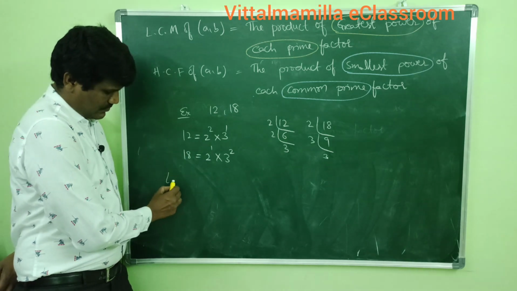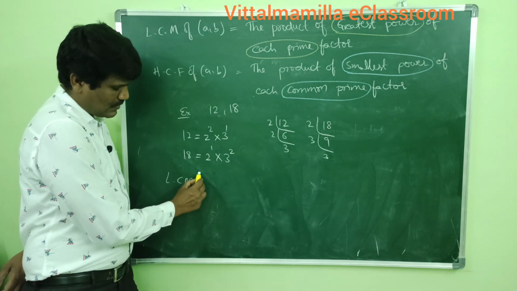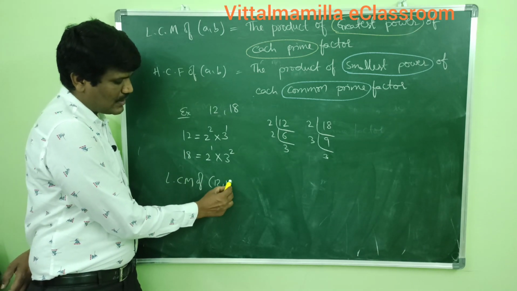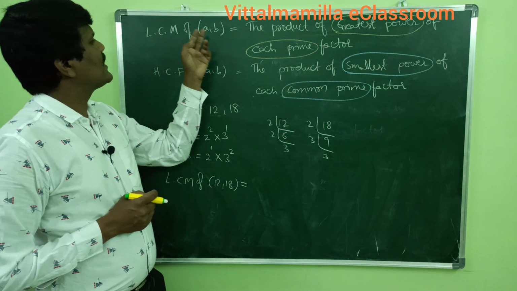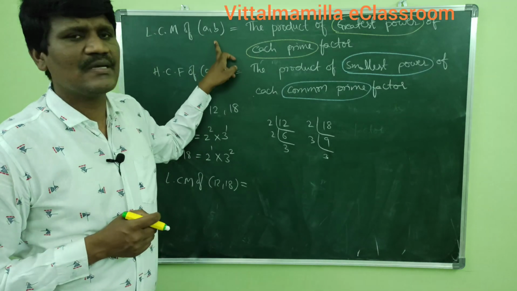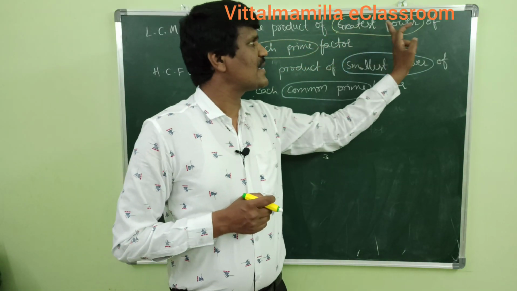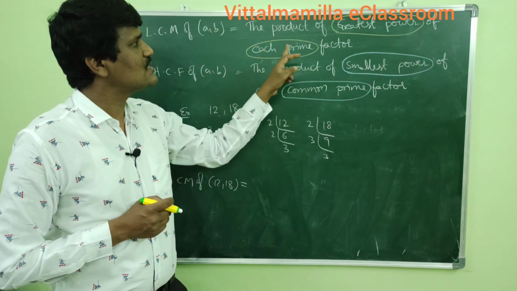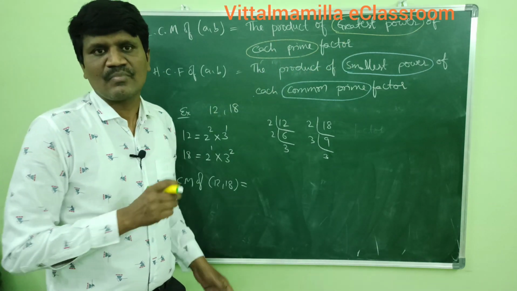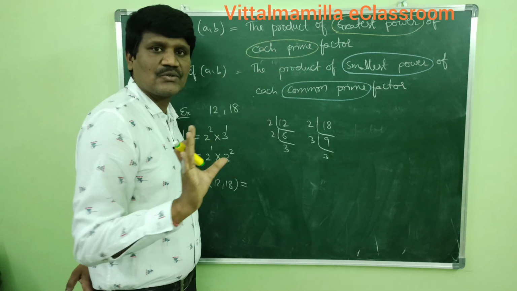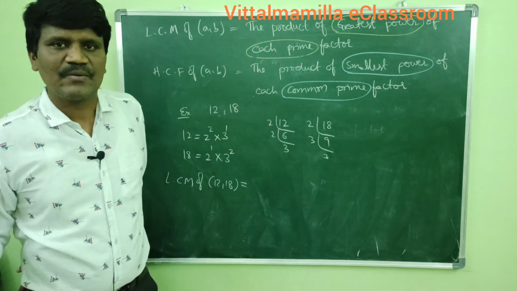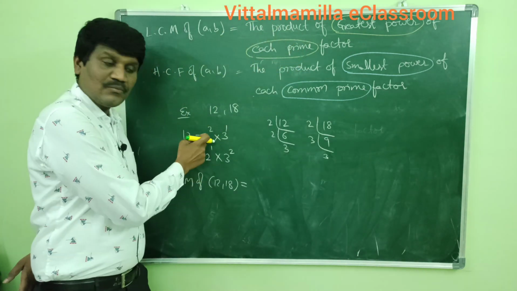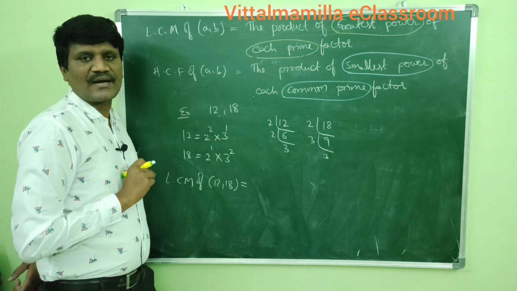Now LCM of 12 comma 18. Just once again you observe this. LCM of A comma B is the product of greatest power of each prime factor. So for LCM, you should take each and every prime number available in both prime factorizations.